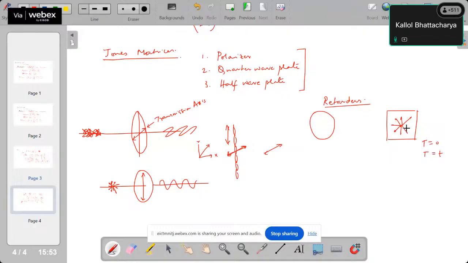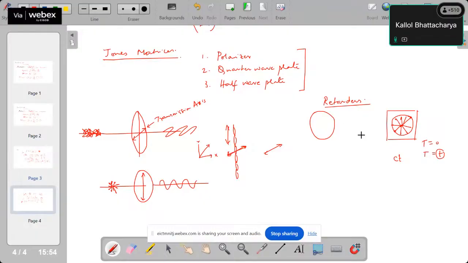Because this is an isotropic medium, the velocity of light in all directions is identical. So the wave front, the energy, has spread out to a sphere of radius c times t. The velocity of light is c. And we can say that this is my new wave front.